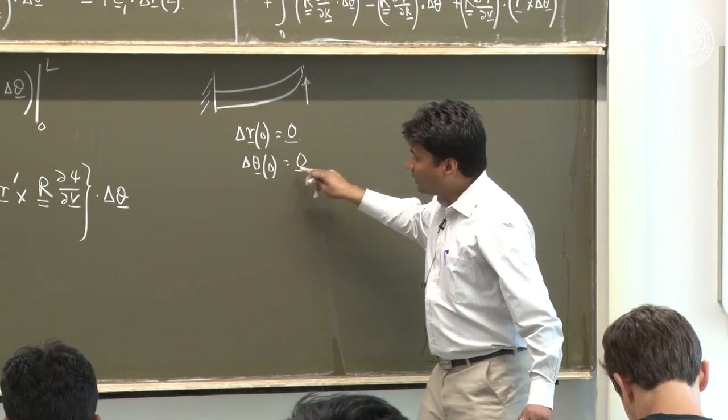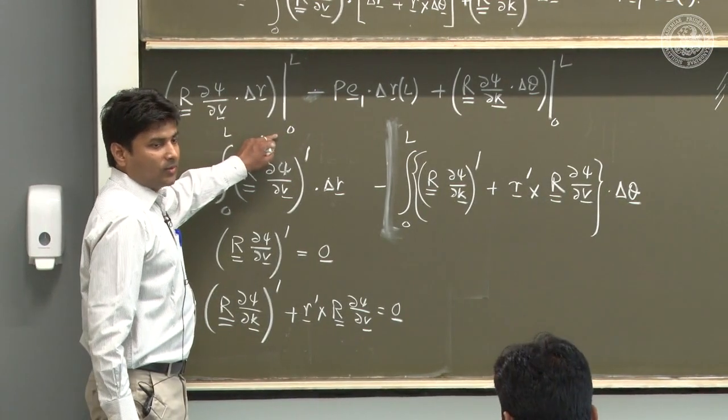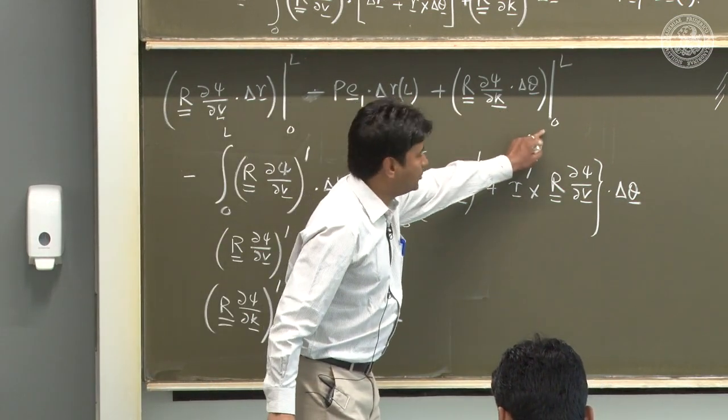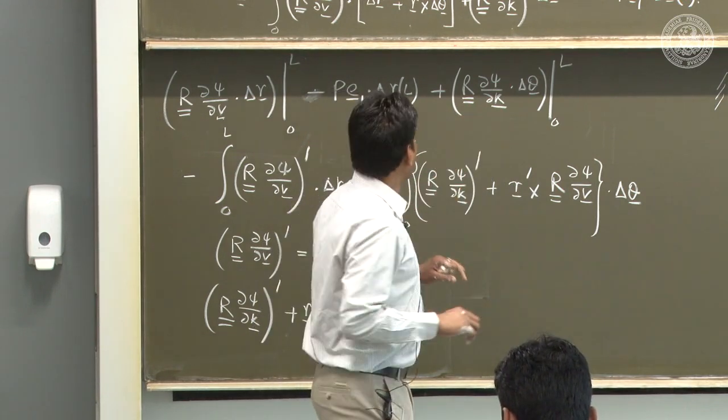So when you plug this in over here, you see the 0 term goes away because this is delta r of 0. Similarly here, delta theta of 0. So that's automatically vanished.